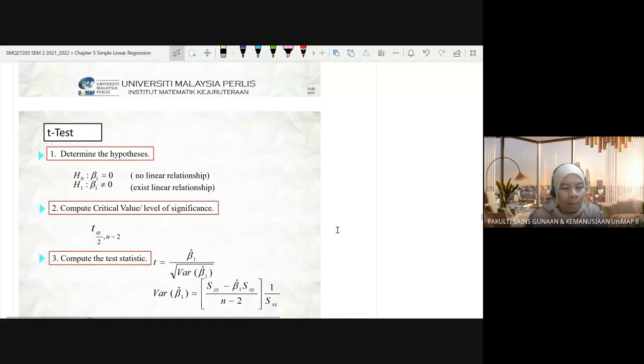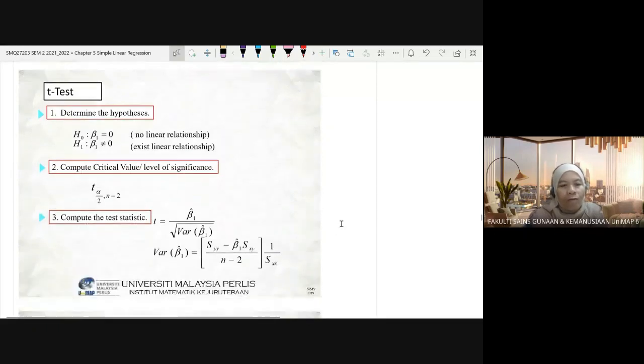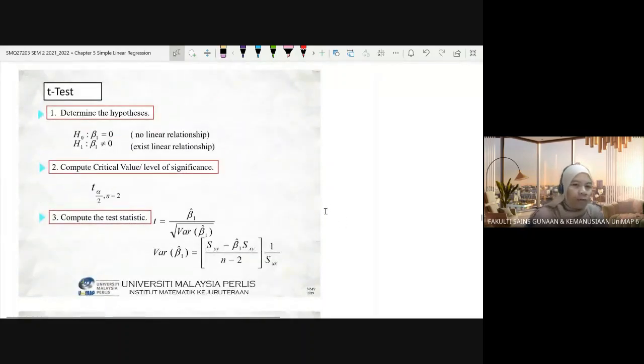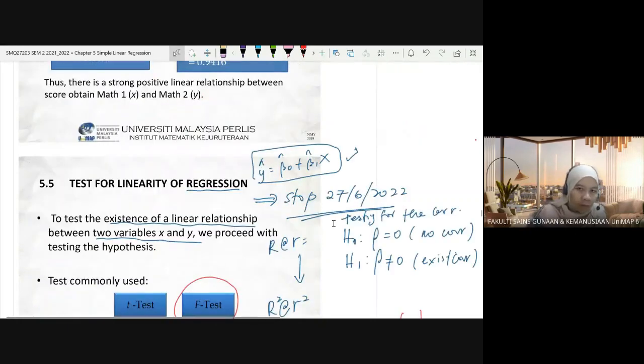So what kind of procedure is involved in testing for the linear relationship between y and x? As usual, we are going to have 5 steps. The first one is to determine the hypothesis statement for our test. Since we are testing for the model, this is our estimated model using our sample.